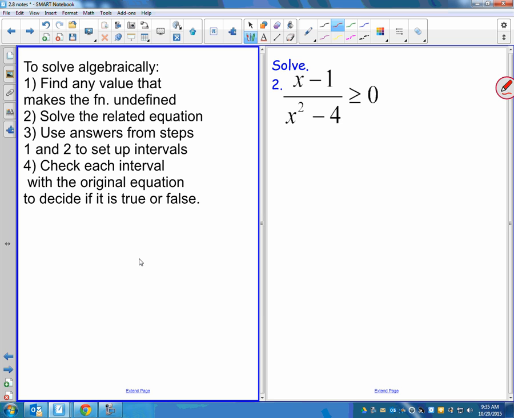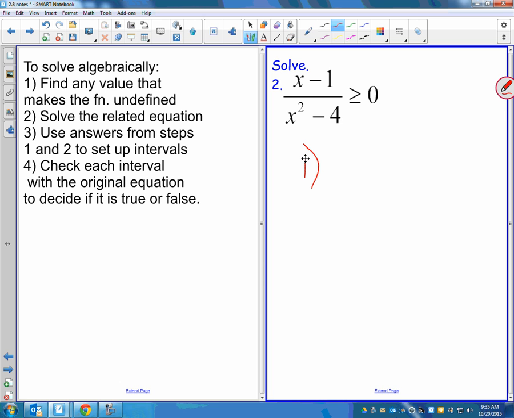So for me, on this one, step 1, set the bottom so it can't equal 0, just like you were going to say the domain of this, or find the asymptotes of this. Find any value that makes the function undefined. So I'm going to do that over here. Hopefully that's not that bad to solve. x squared can't equal -4.